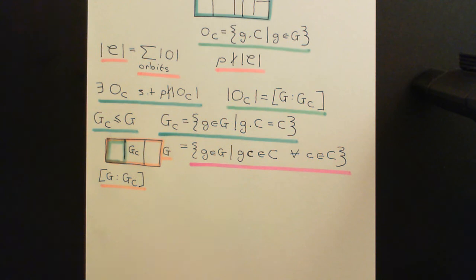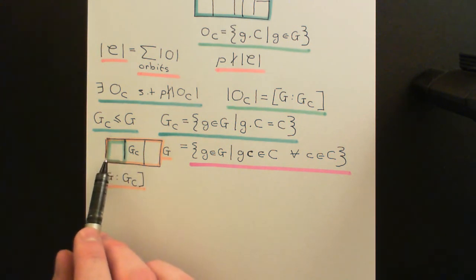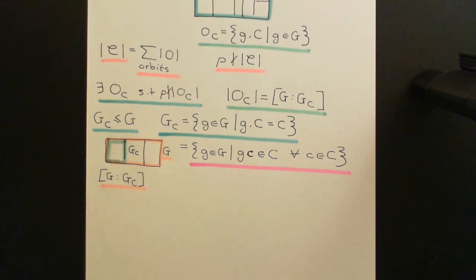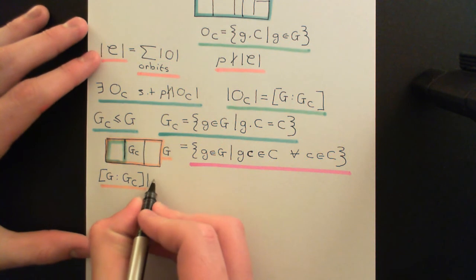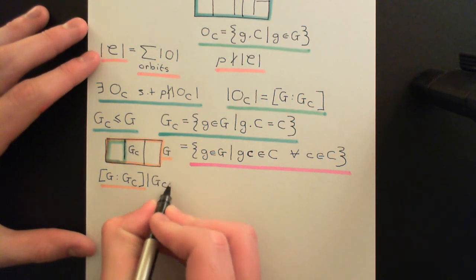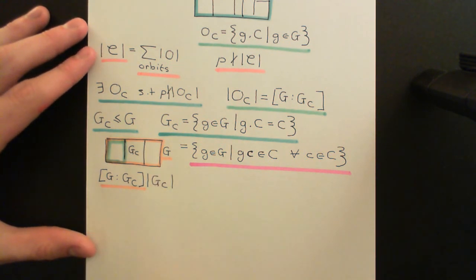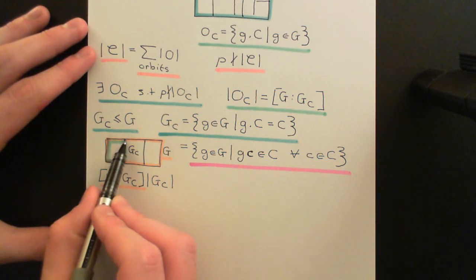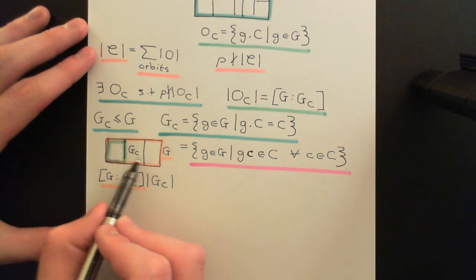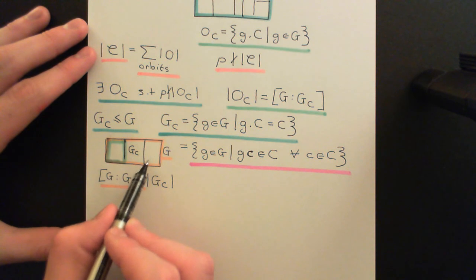But the size of all of these left cosets is the same as the size of the stabilizer of C in G. That's true for any arbitrary subgroup, that the size of the left or right cosets will be the same as the size of the subgroup. So what would happen if I multiplied this by the size of the stabilizer of C in G? Well, I'd now be saying, take the size of the subgroup here and multiply it by the number of left cosets, which all have the same size as it.